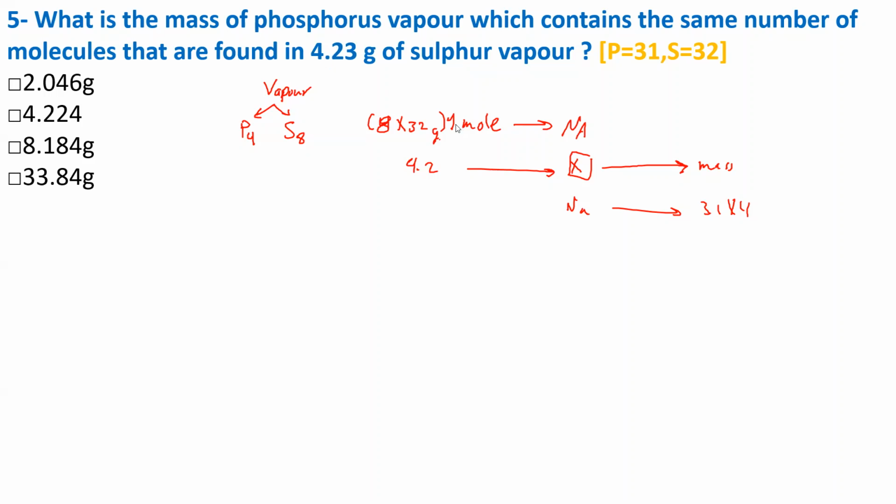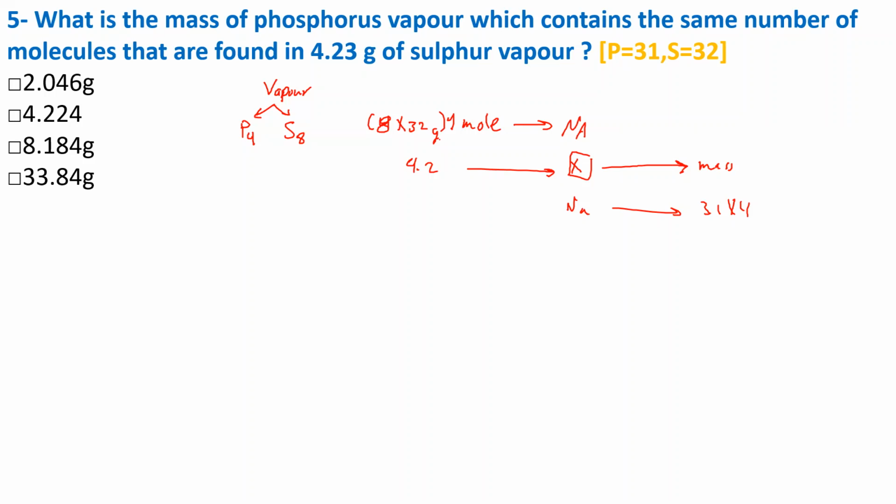So below mass we put this mass, and below number we can find the number of molecules of sulfur, which at the same time is equal to the number of molecules of phosphorus. So by finding the number of sulfur, it will be equal to the number of phosphorus.